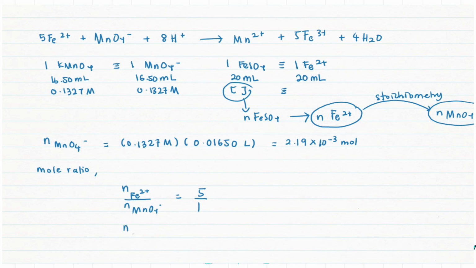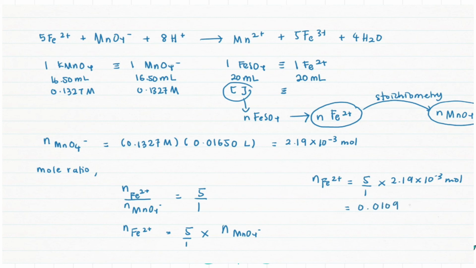Therefore, mole of Fe2+ is 5 over 1 times 2.19 × 10^-3 mole, so mole of Fe2+ is 0.0109 mole.